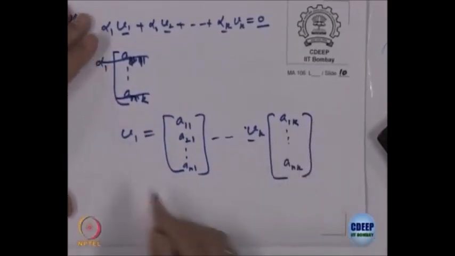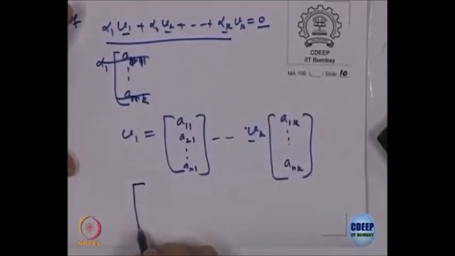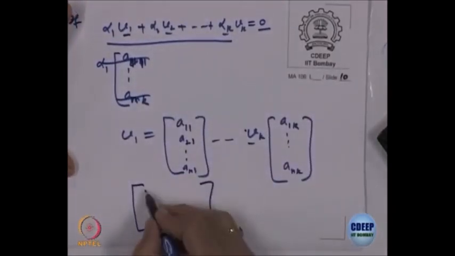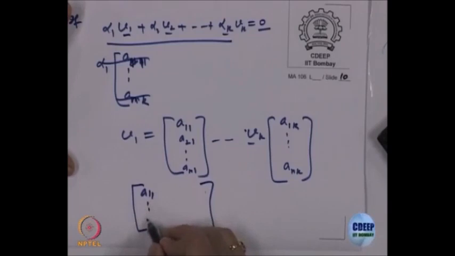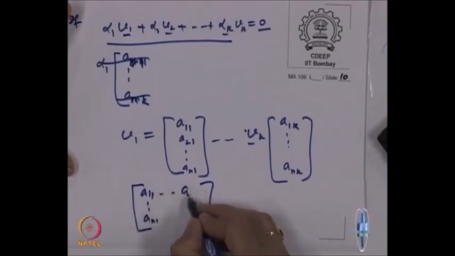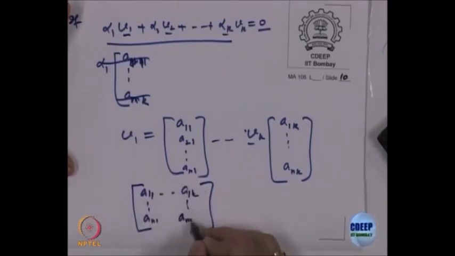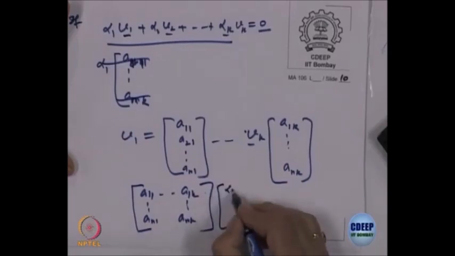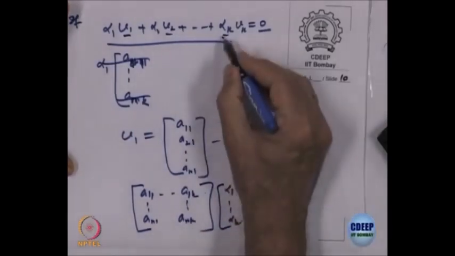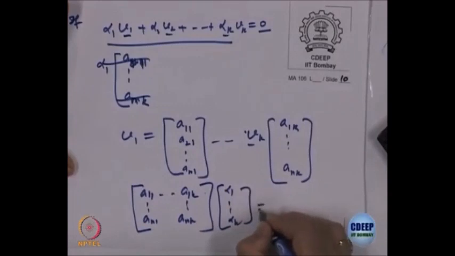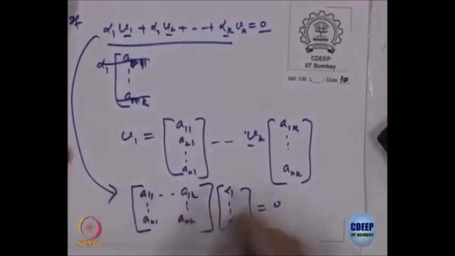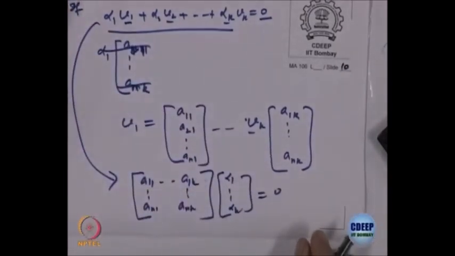So this equation is just the matrix with columns A 1 1 to A n 1 up to A 1 k to A n k applied to alpha 1 to alpha k, equal to 0. So this equation is the same as saying this equation.